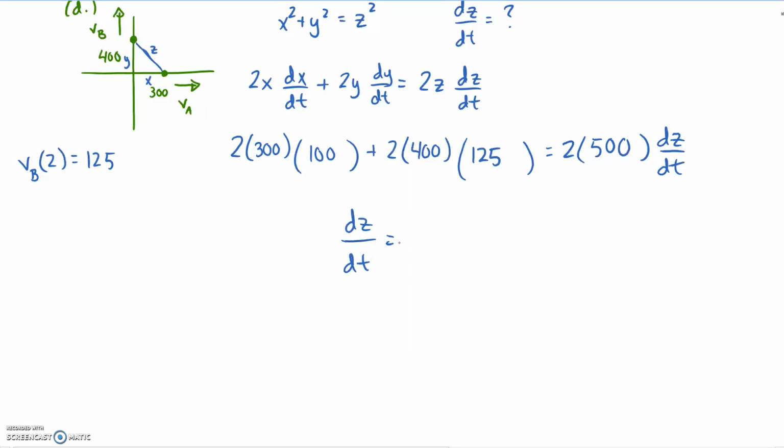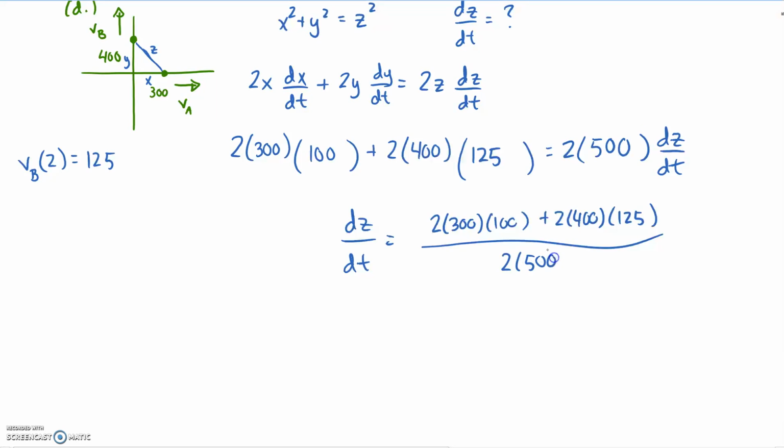I would just divide both sides by 2 times 500. So 2 times 300 times 100 plus 2 times 400 times 125, all of that divided by 2 times 500. Certainly there are some things we could do to simplify, but this is free response, so there's no need to simplify.